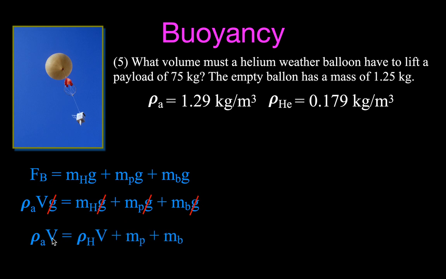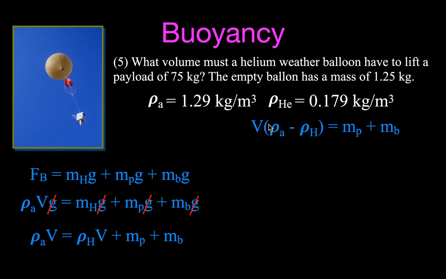Now we're left with this equation, which is the density of air times the volume is equal to the density of the helium times its volume, plus the mass of the payload and the mass of the balloon. Because we want to solve for the volume, and we have two volumes here that are the same, I am going to subtract this term from both sides and factor the volume out.